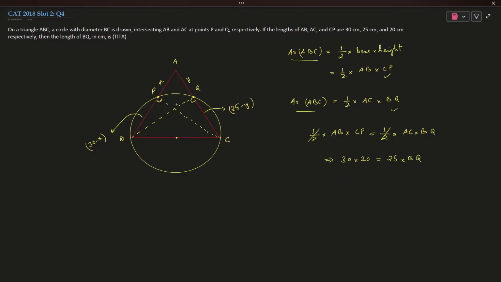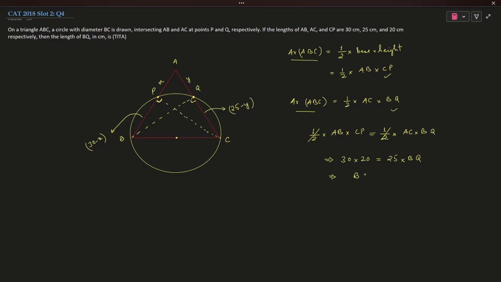Basically, we need to know two concepts in this question. One is the semicircle angle is 90 degrees, right? Once I figured this out, I observed that these are the two heights to the two bases of the triangle. So area I can easily find out. We are already given the base and height of one of them.